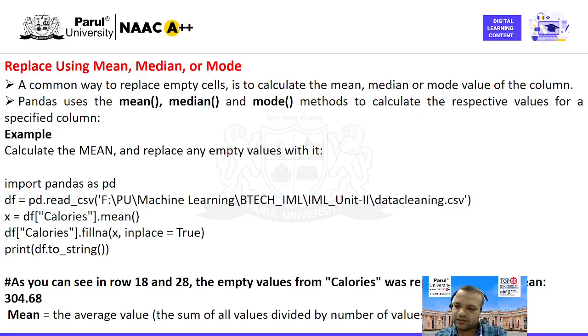Now we get the mean, which is x. x is a variable where we store the mean of that particular column, like calories.